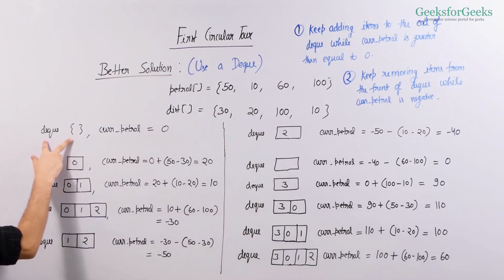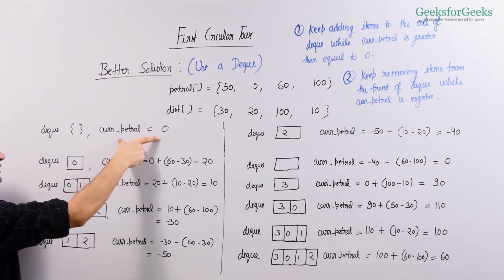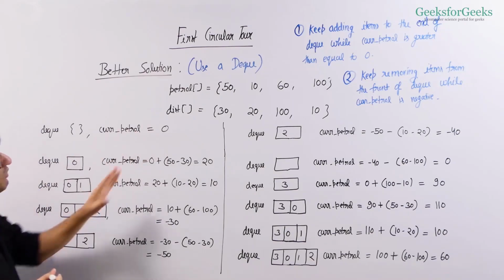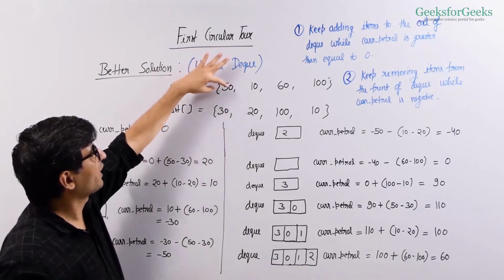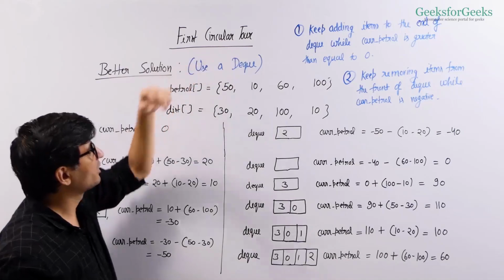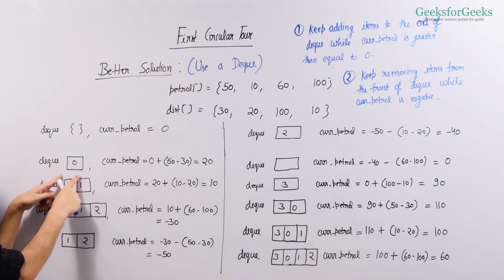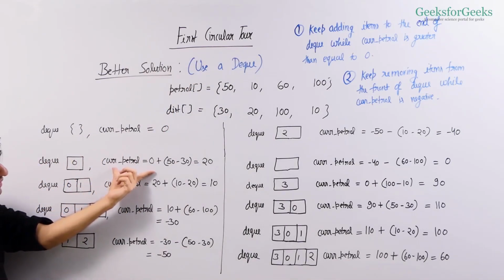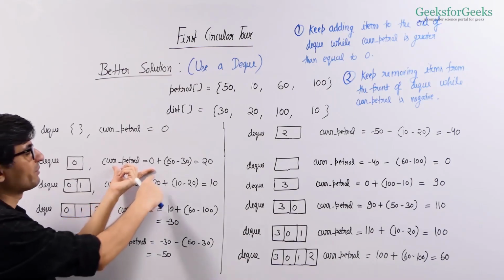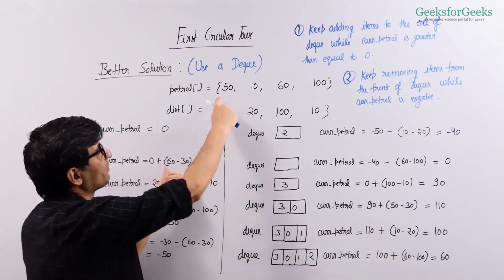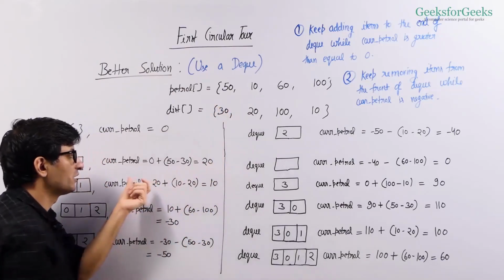We initialize an empty DQ. We initialize the current petrol as 0. We begin from here. We add the first petrol pump to the DQ. So DQ now has 0. And whatever is the current petrol, we update it, right? So we update it as 0 plus 50 minus 30. We get it as 20.